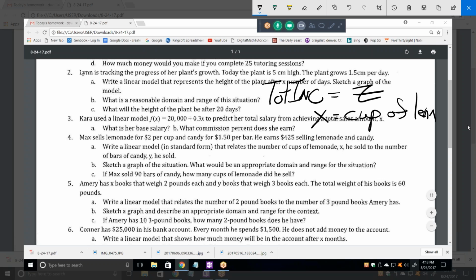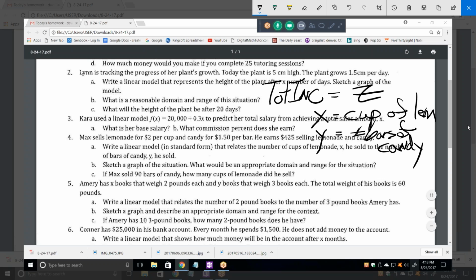And incidentally, when you're doing word problems, this is absolutely the most important step, this first step where you define all of your variables. People hate word problems, and the reason they do is because they don't start them out right. Number of bars of candy, that's what Y is. Okay?